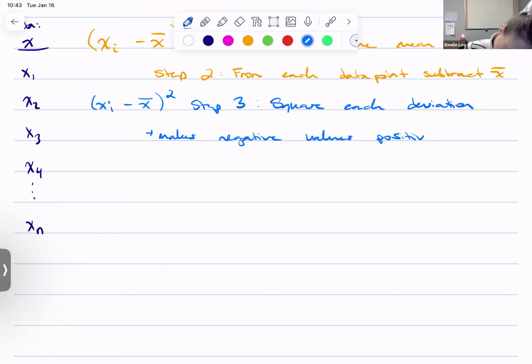Squaring something has that property. Another thing is that it also amplifies large deviations. That's just a fact, it's what we do.